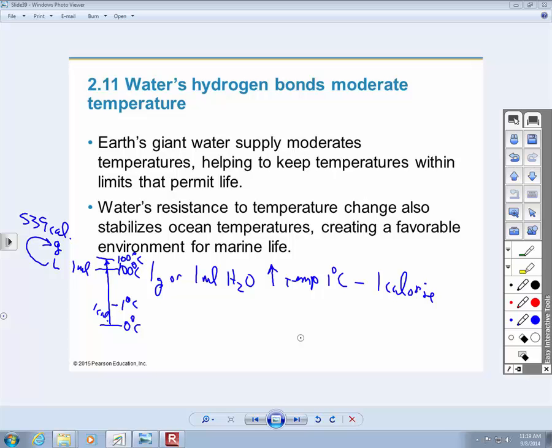So to go from 0 to 100, that's 100 calories. But then when you go from 100 degrees Celsius liquid water to 100 degrees Celsius gas water, you have to put in 539 calories per milliliter per gram. That's huge. So it doesn't really want to go off as a gas. You have to add a tremendous amount of heat in order to get it to do that.